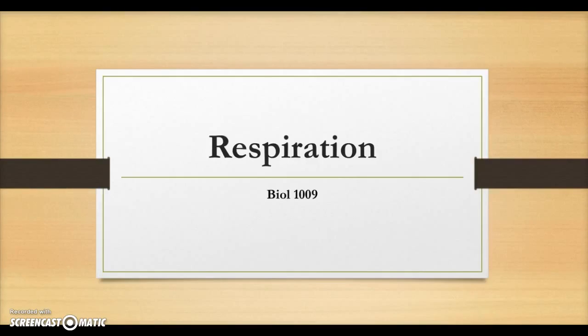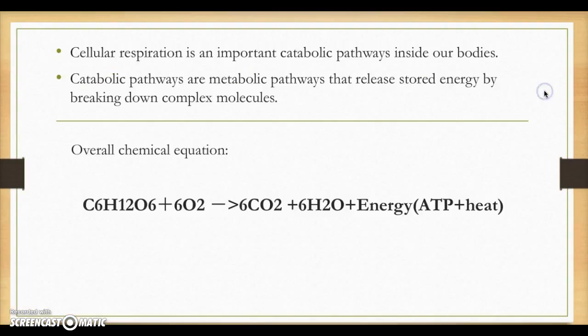Today I want to talk about cellular respiration. Cellular respiration is an important catabolic pathway inside our bodies. Remember from chapter 8, catabolic pathways are metabolic pathways that release stored energy by breaking down complex molecules.